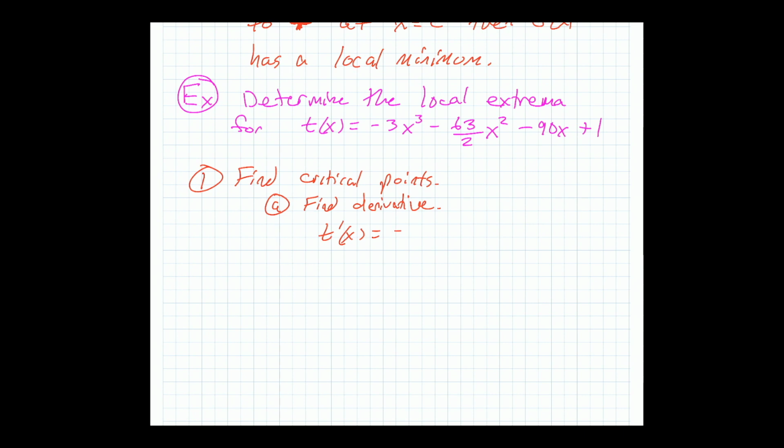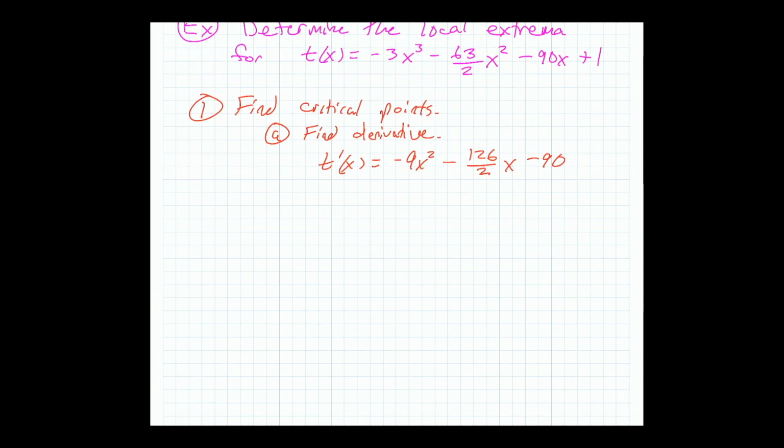So 9x squared minus, what's 63 times 2? 126? 126 over 2x minus 90. 126, oh, duh, over 2 is going to be 63 again. All right, there we go.